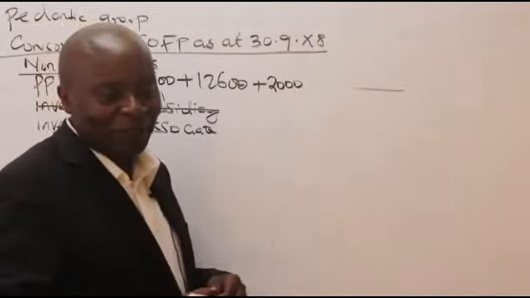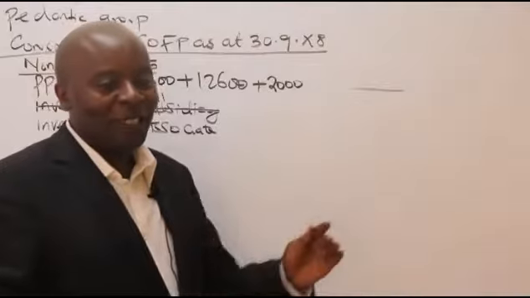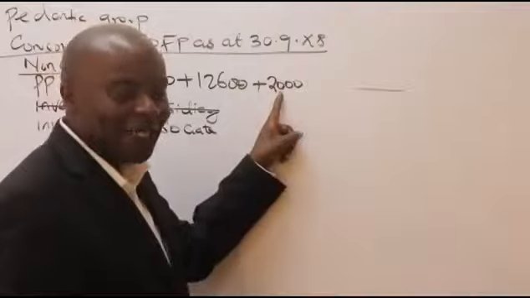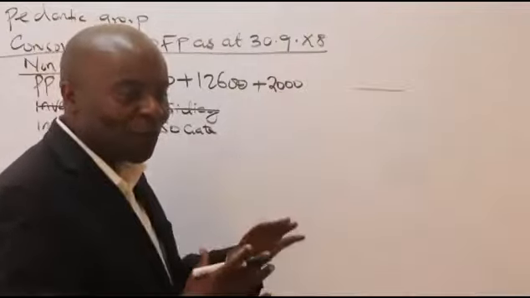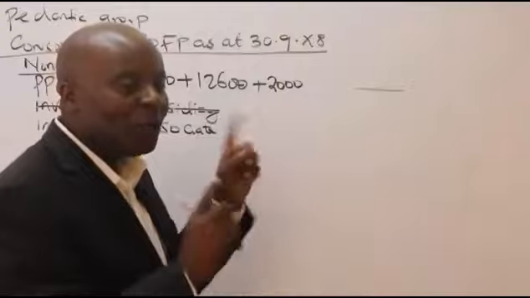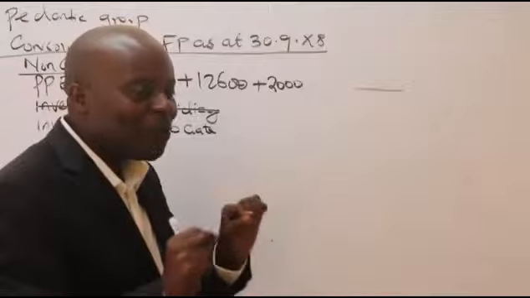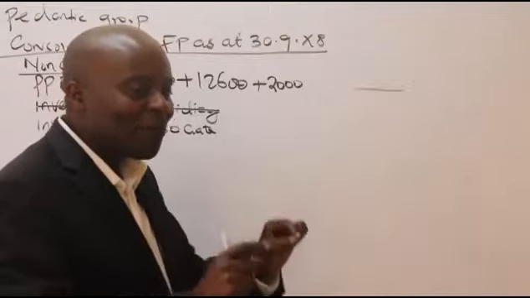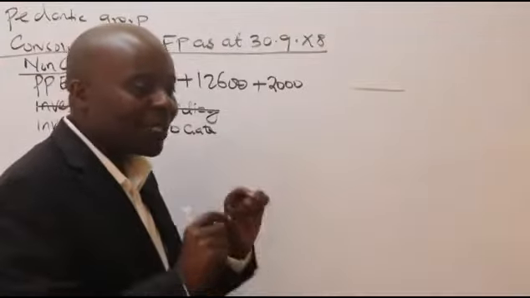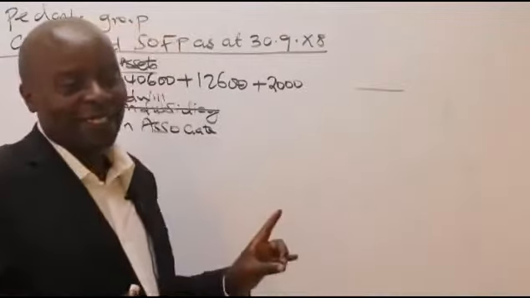And then, of course, you and I are bright chaps. You know that this is an item of plant whose value was not factored in the financial statements, meaning that this figure was missing from our fixed assets movement register. So it has not been depreciated.